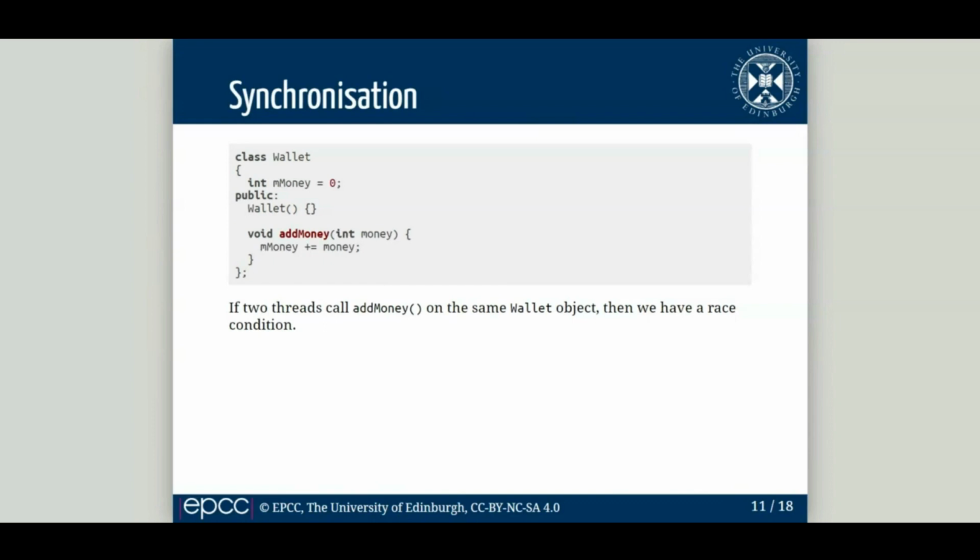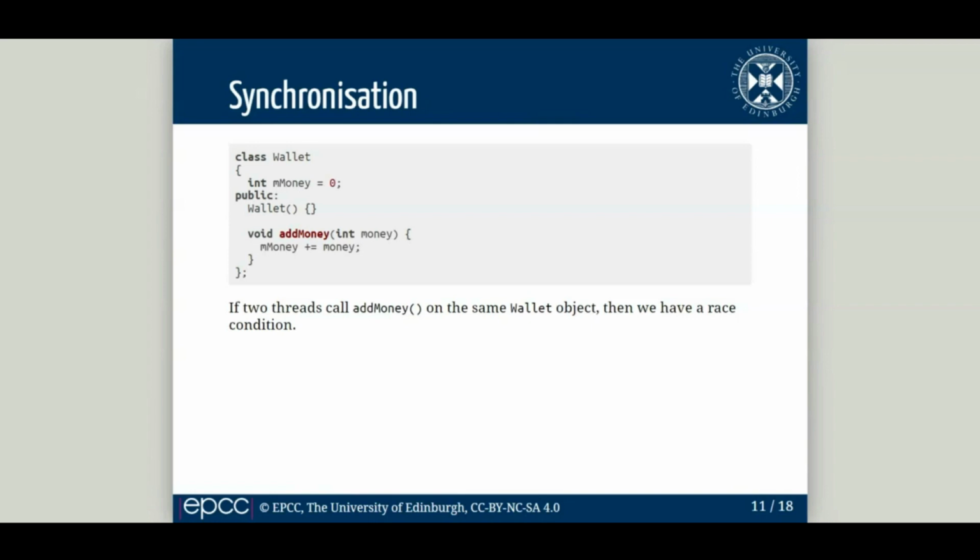Okay, so this is regarding how to create a thread and wait until the thread has finished. Now we will see how to synchronize when you have several threads, so as not to create a race condition. What is a race condition?